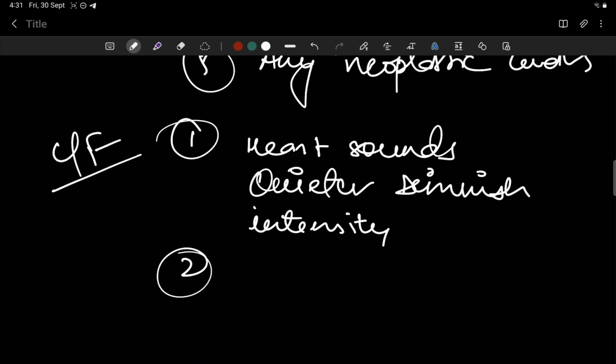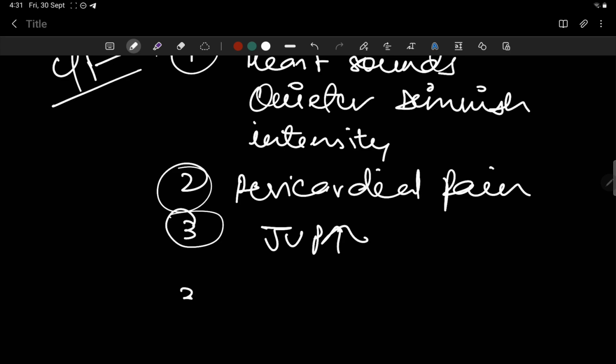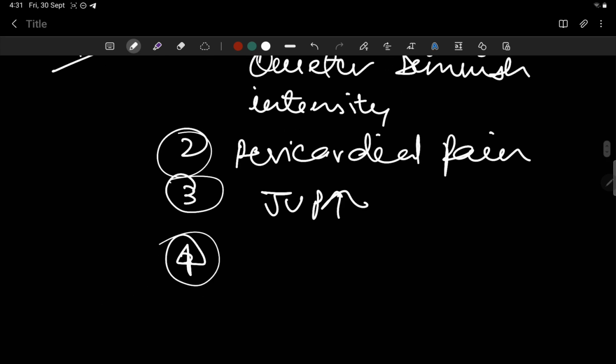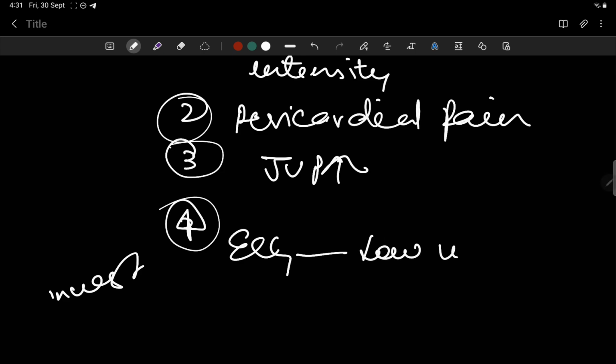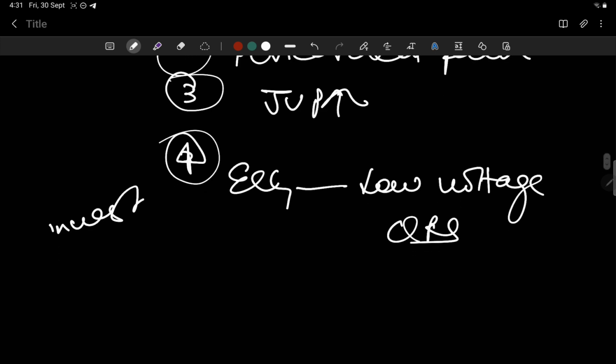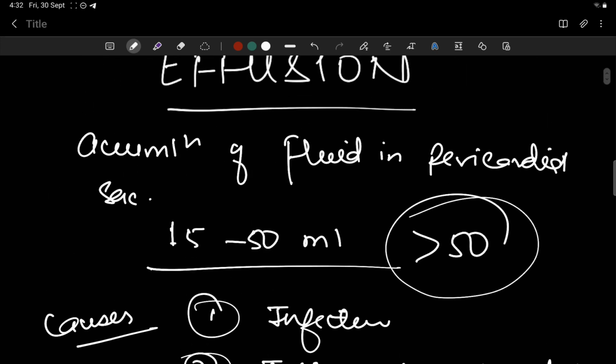First is heart sound is quieter, diminished in intensity. Next, what I have told you, pericardial pain, okay, and JVP increased. Then if you go to the investigation portion, in the ECG you will find low voltage QRS. Okay, and in the X-ray you will find water bottle sign. Okay, so these are the important things you need to understand regarding pericardial effusion. So that's all the important part I have discussed with you about pericardial effusion in this video.